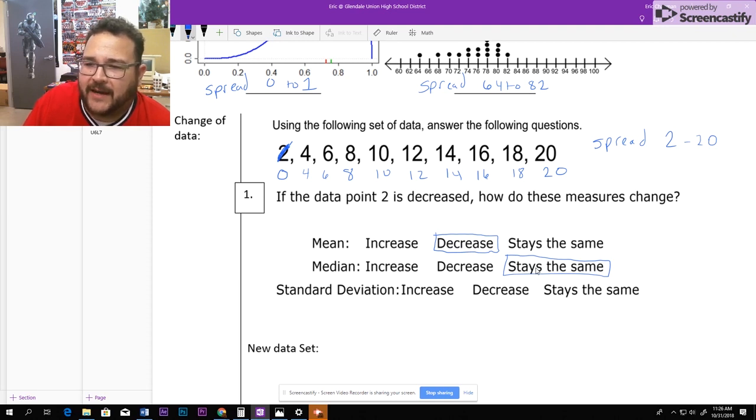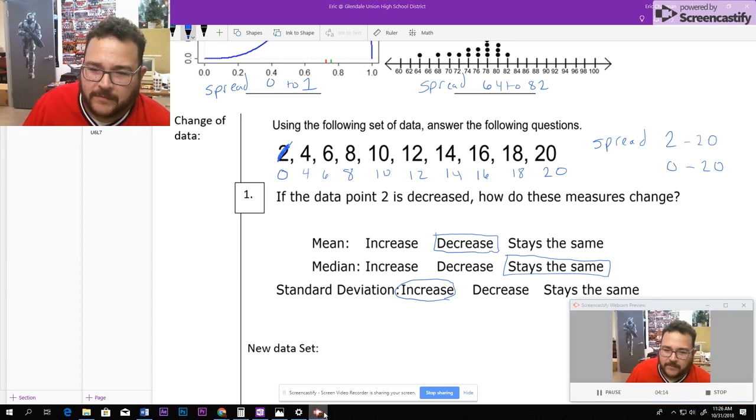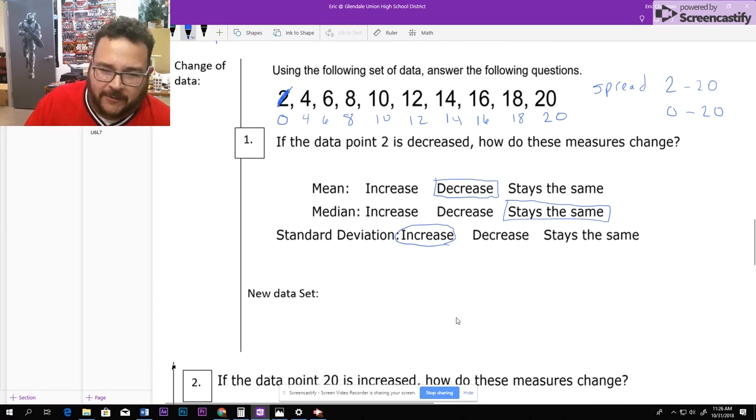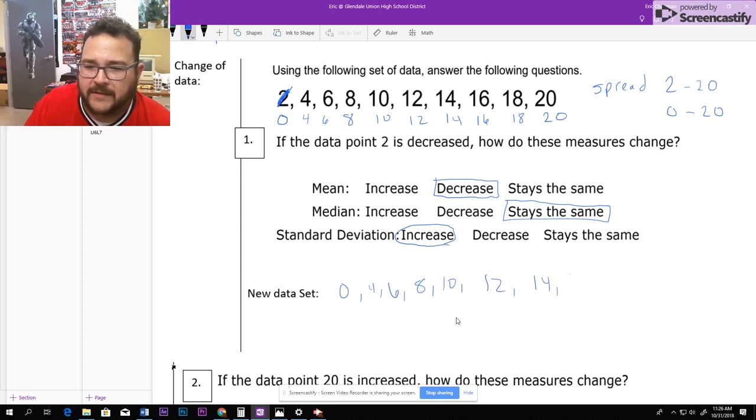Now, since we changed that, our spread is 0 to 20. So that means that because our spread increased, our standard deviation is going to increase. All right, now we're going to write our new data set. So it's going to just be 0, 4, 6, 8, 10, 12, 14, 16, 18, 20.